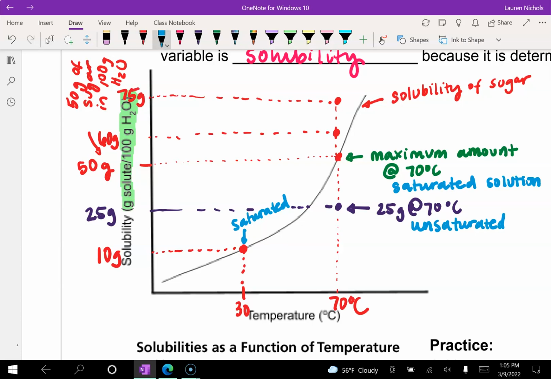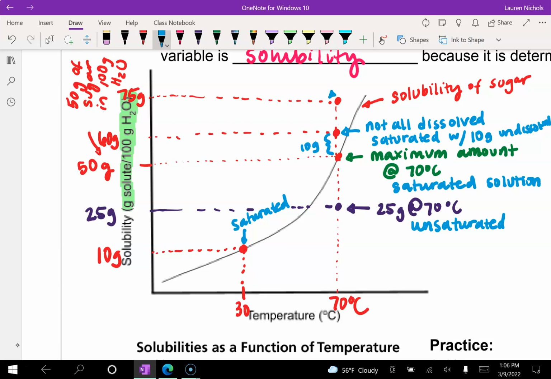The key thing is what they tell you happens to the extra, the more than the maximum. So for the 60 grams, if they say it's not all dissolved, that means you have a saturated solution. The difference between 50 and 60 is 10 grams. So that means you would have about 10 grams that's undissolved. That's just extra, sitting at the bottom. Okay?